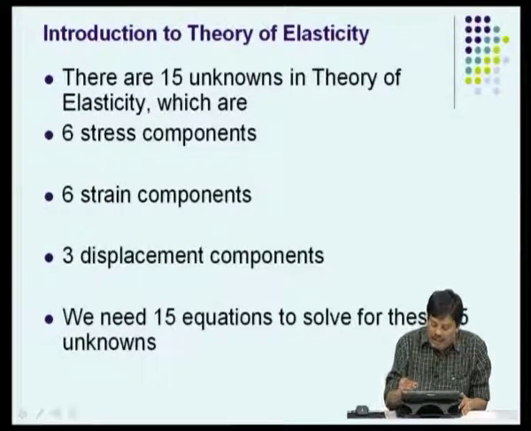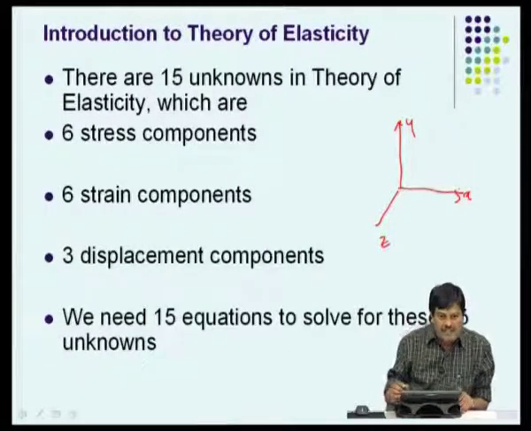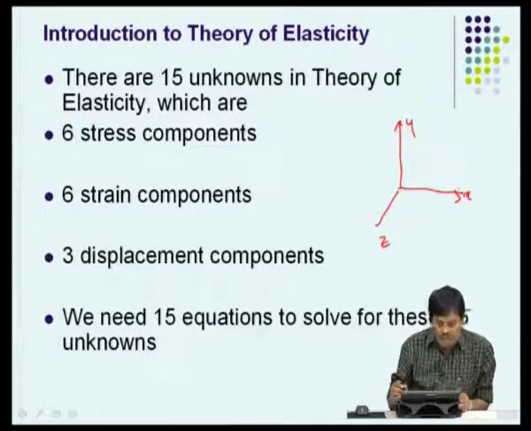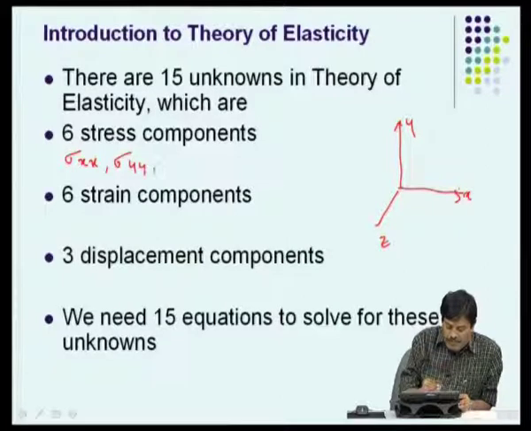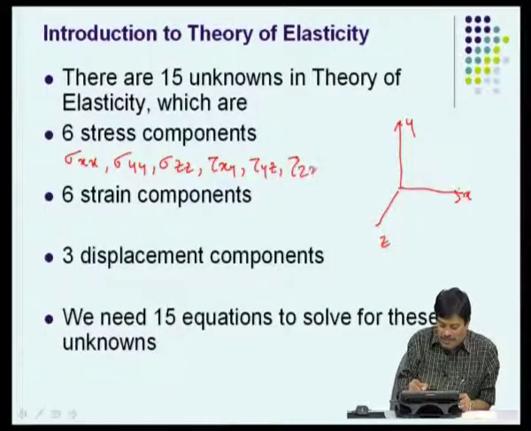If you have a coordinate system given by x, y and z directions, and the stress is a tensor having both the direction and the plane of application, the 6 stress components are sigma xx, sigma yy, sigma zz, tau xy, these are shear stresses, tau yz and tau zx.